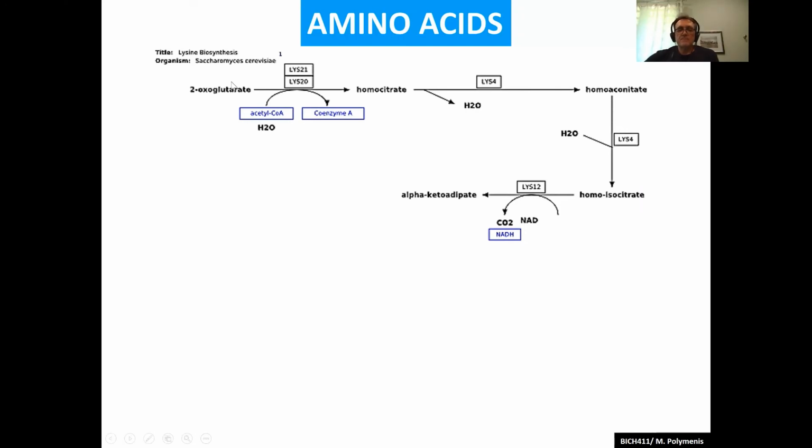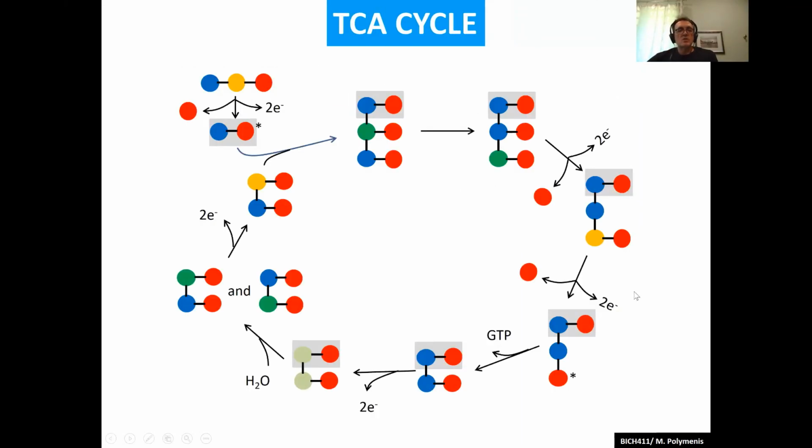And the rest of the reactions are, again, identical to the reactions we see in the TCA cycle. Instead of ending, if you start with oxaloacetate, you're going to get to alpha-ketoglutarate. Here we get to alpha-ketoadipate, where everything is 1 carbon bigger than the canonical TCA cycle reactions from oxaloacetate to alpha-ketoglutarate. So it's actually kind of cool. This is the canonical TCA cycle, right?